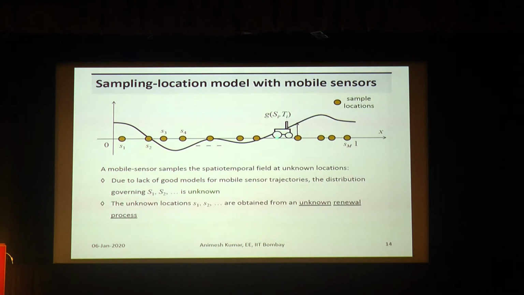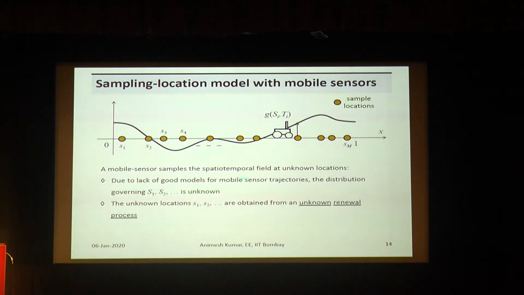And we assume that the mobile sensor samples the field at these points S1, S2, S3, S4, and so on. The field is shown in this solid graph. So every time the mobile sensor samples the field, it ends up sampling a one-dimensional field, which is evolving in time as well. S here is the spatial variable, and T is the time.